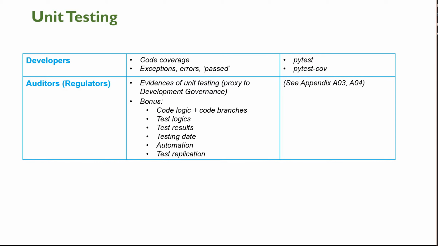So unit testing. Unit testing is basically again something for us, for developers. We want to know if there are any errors, any exceptions, whether the code went through okay or not, and also we want to know whether that kind of analysis covered the entire application, mainly the code coverage of the testing.